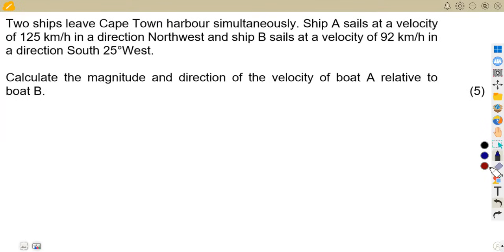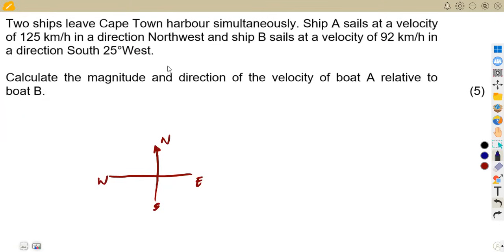So we're given in this case two ships, they leave Cape Town simultaneously. So we've got ship A sails in this direction, northeast, and B south 25 degrees to the west. All right, let us take these two ships which are moving from the same point. We've got our north, south, west, and east.